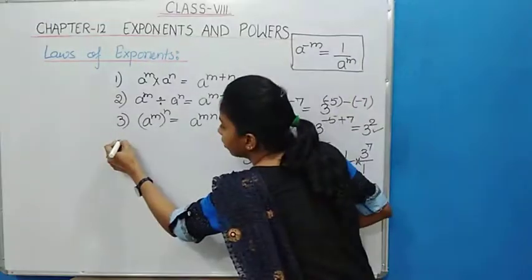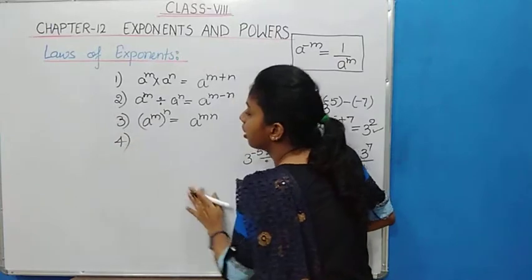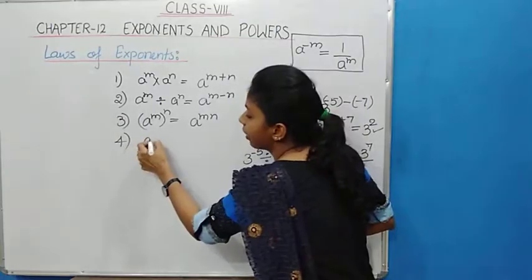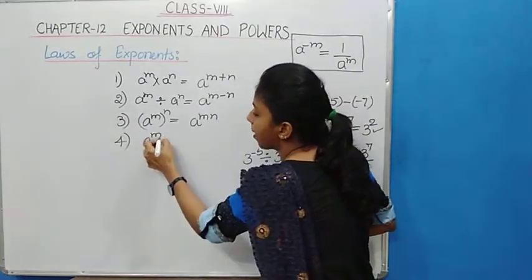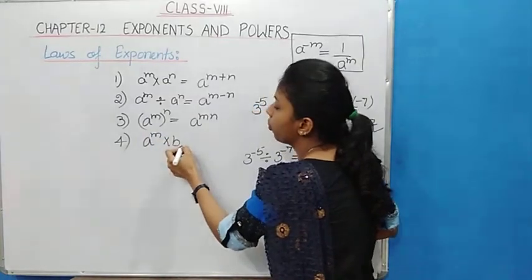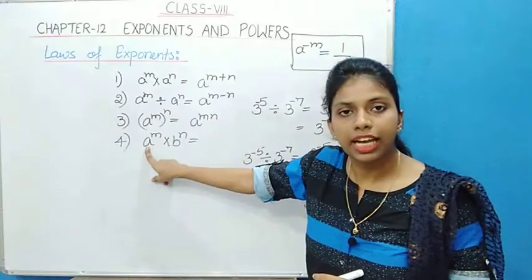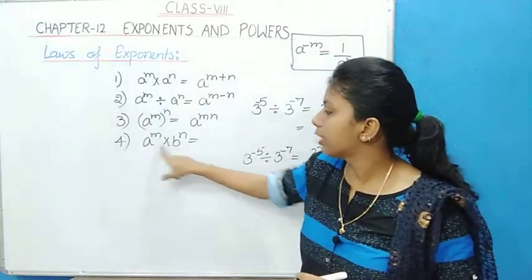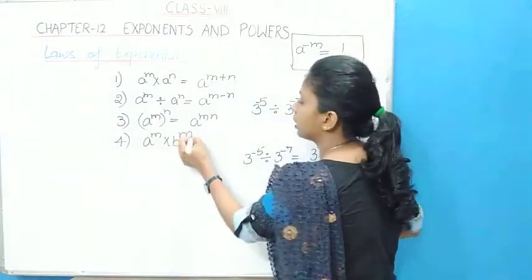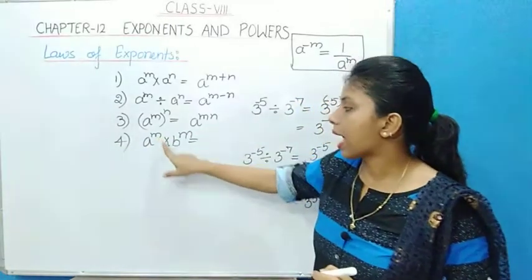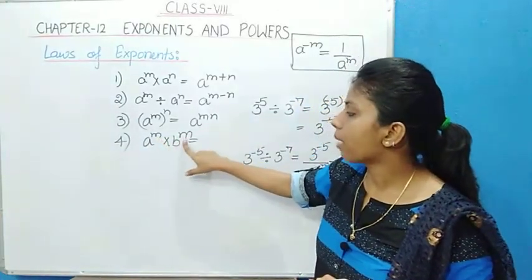So this is the third law of exponents. Now let's see the fourth identity, that if we have A raised to power m into B raised to power m.